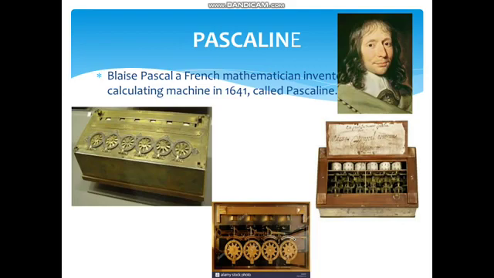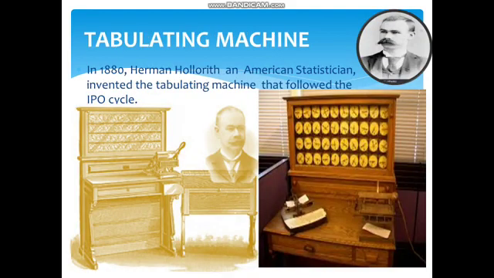Additions and subtractions are done, and multiplication is also possible in this machine. Again you can see the tabulating machine. It also followed the IPO cycle. Herman Hollerith, an American statistician, invented this tabulating machine. You can see the picture of the tabulating machine.